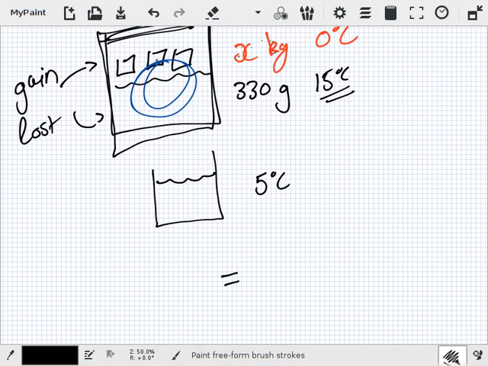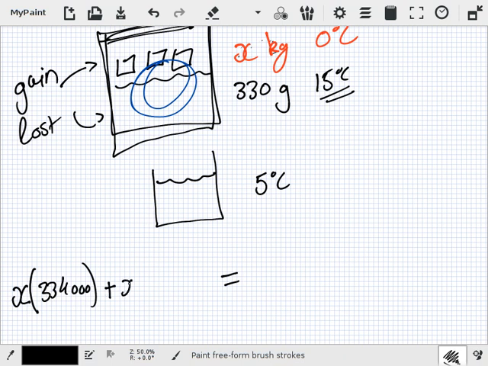The ice gained energy. So what happened when the ice gained energy? Two things happened. First it melted, and then it warmed up. So what's the formula for how much energy it needed? mL. The m is x, and the L is 334000. Then it melted, became liquid, and then it warmed.